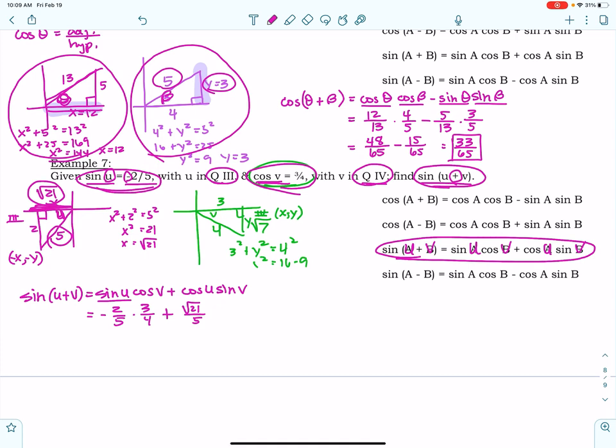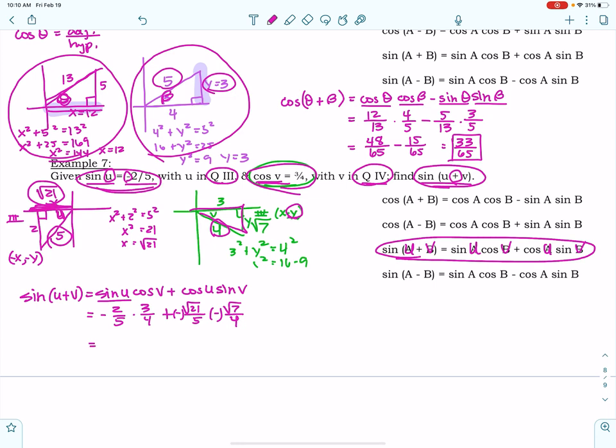But remember, this is quadrant 3, so this is a negative right here. Sine of v, I'm using this triangle for that. So sine of v is opposite, so that's radical 7 over hypotenuse, which is 4. And again, this is going to be a negative because y, remember, is sine. So this is also a negative.